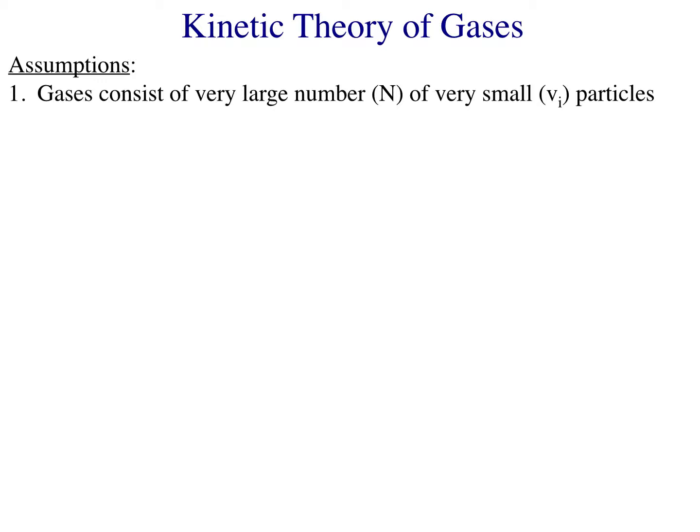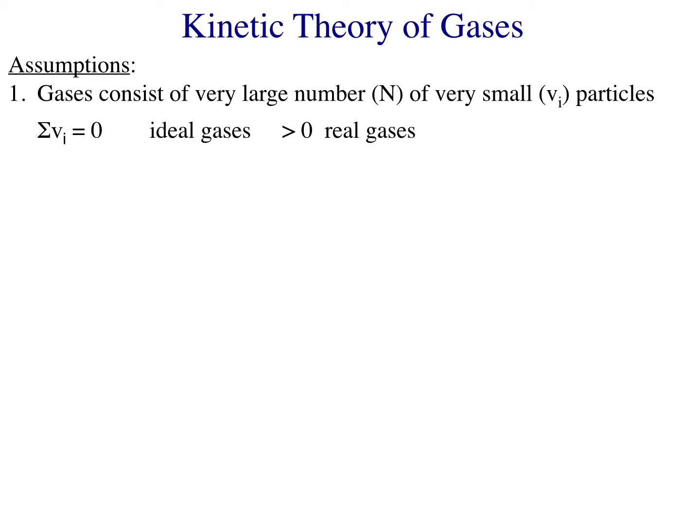We also will assume that the particles are so small that the net volume of the particles themselves is much less than the container volume. So if n is the number of particles and v sub i is the volume of the ith particle, then the sum of all the volumes v1, v2, v3, v4 is equal to 0.